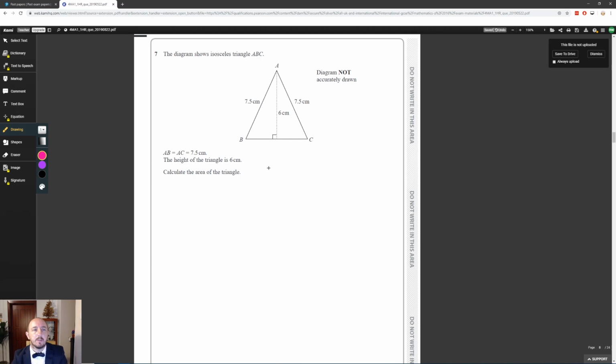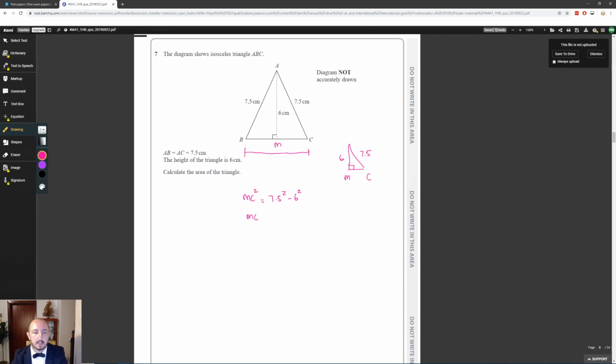For question 7, we have an isosceles triangle, and we have to work out the area, so we need to have the base. So we're going to do a right angle triangle of 7.5 and 6. So let's call that M for the midpoint. MC squared is equal to 7.5 squared minus 6 squared.